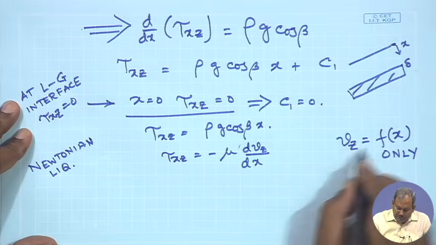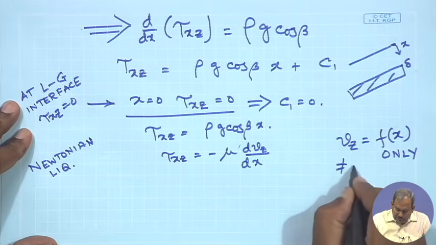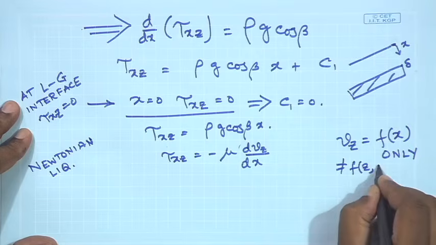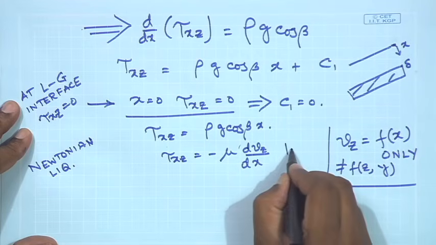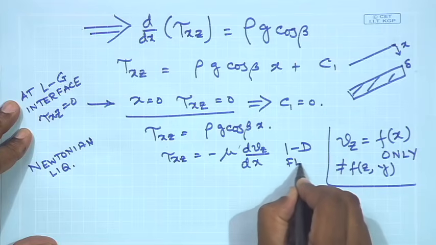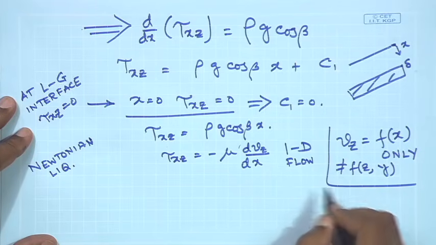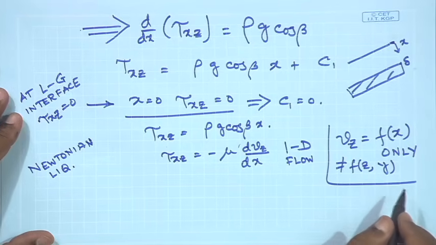My vz is not a function of z or a function of y. So this is truly a one dimensional flow. Had this been a 2-dimensional or a 3-dimensional flow, then the system would be more complicated, and you wouldn't be able to solve it in this simple way.